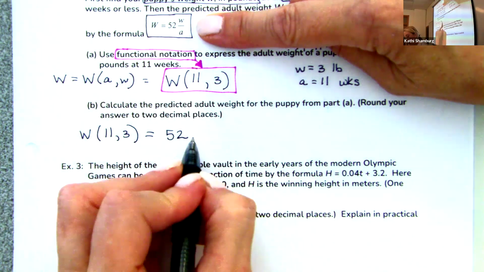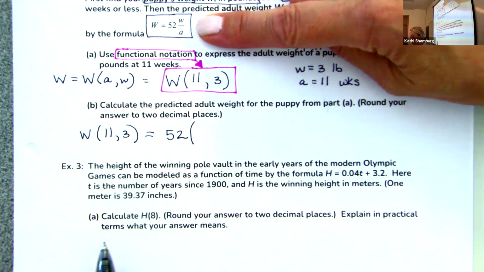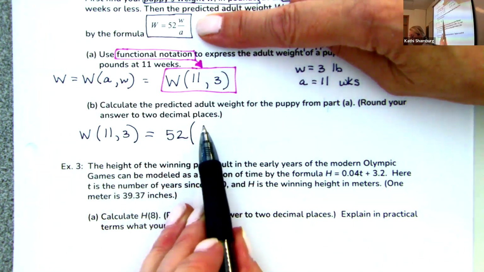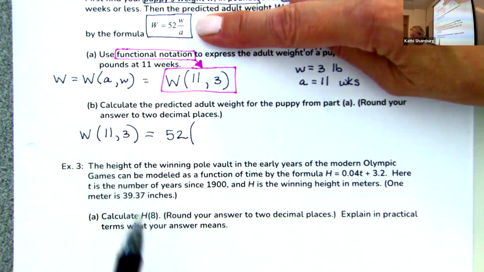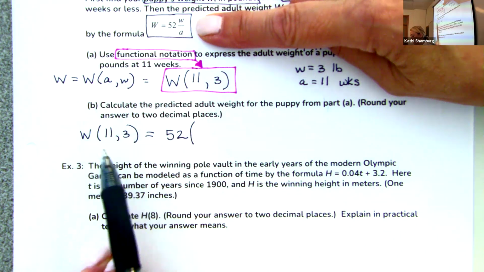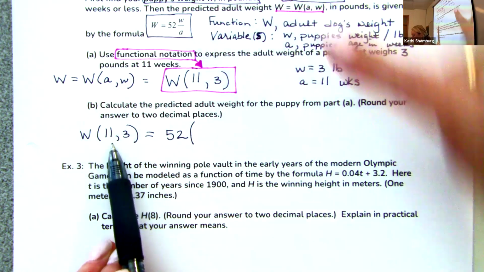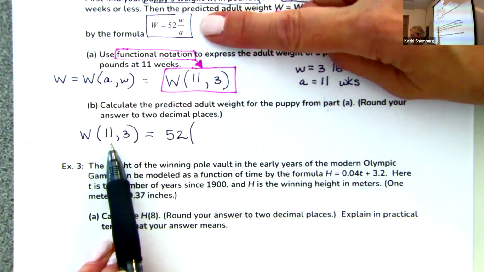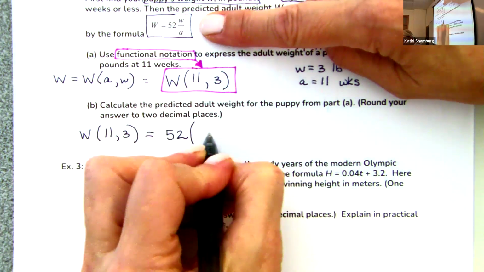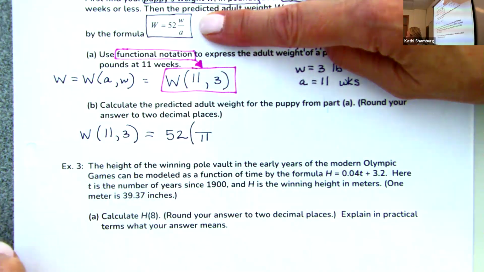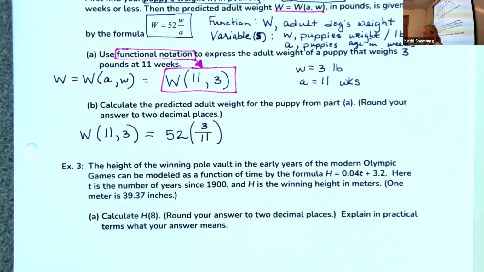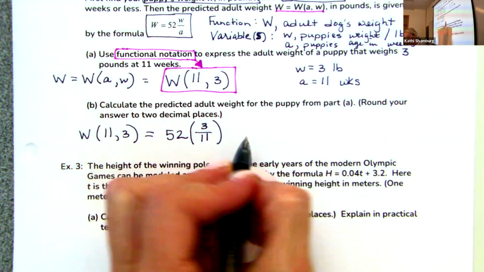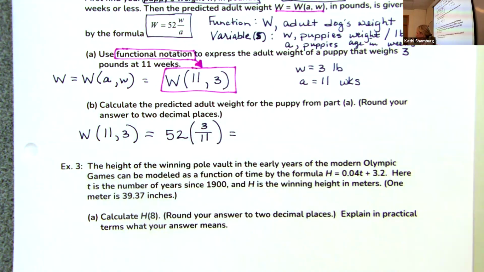So you can put a dot or you can put parentheses. Now, I'll have a lot of students that will put 11 over 3 because, hey, there's a W, that's the first number. Look, A is the 11. That's why we define everything. So the 11 actually goes on bottom and the 3 goes on top. Okay. All right. Calculate that and tell me what you get, please, if you have your calculator.